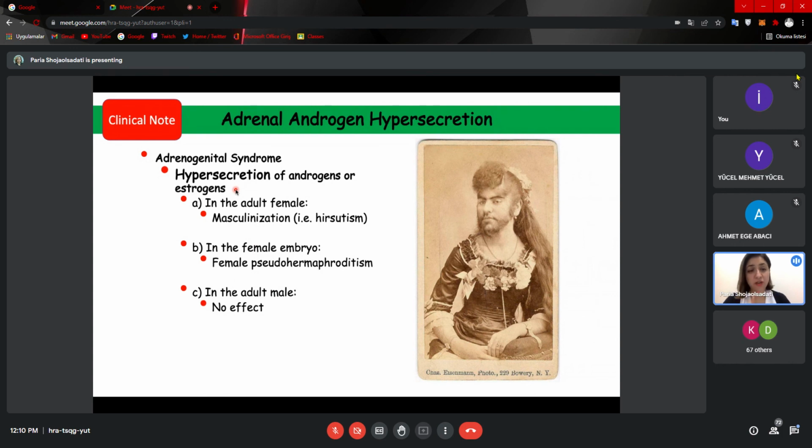When the secretion of androgen is increased in an adult female, you can see masculinization or hirsutism.